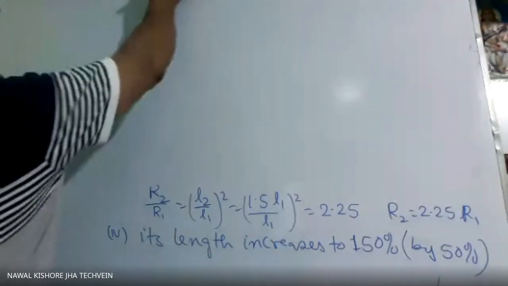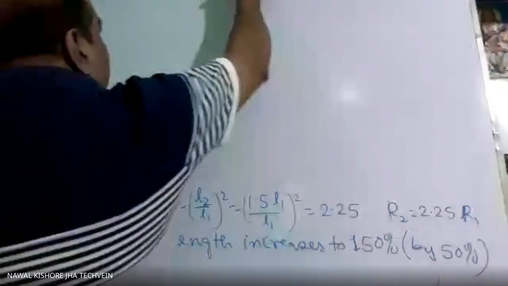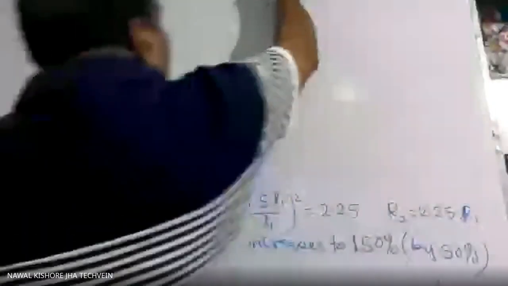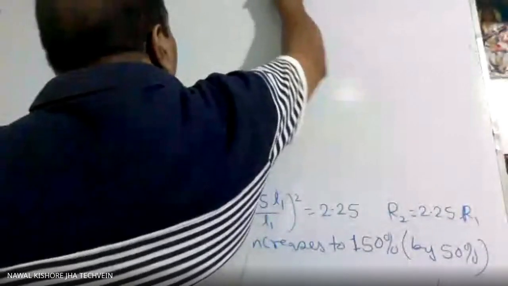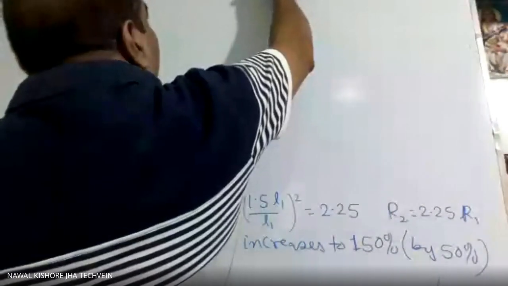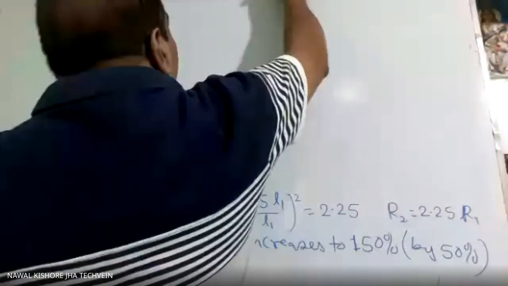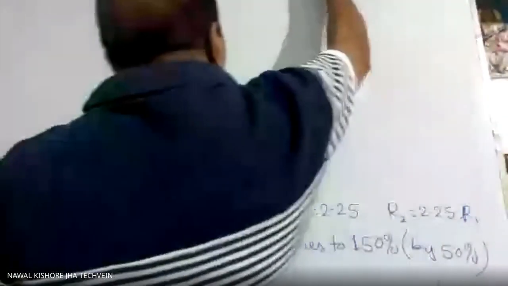The copper wire of length 5 meter, area of cross section 2 millimeter square.